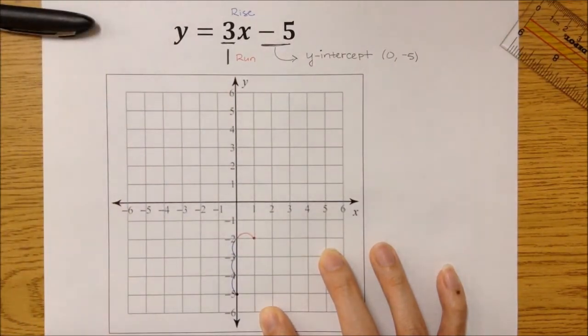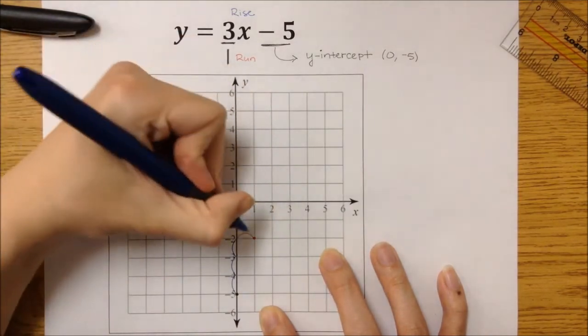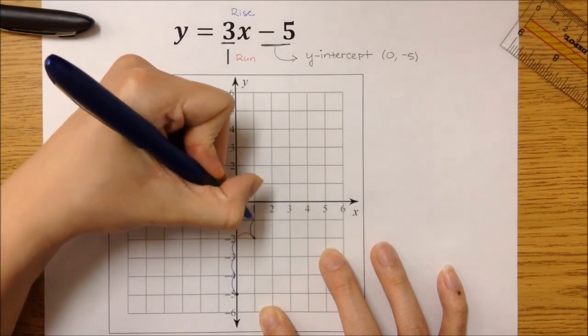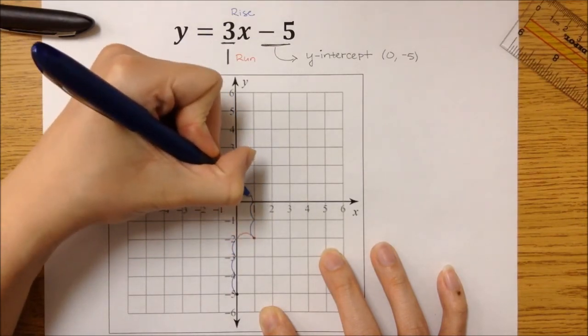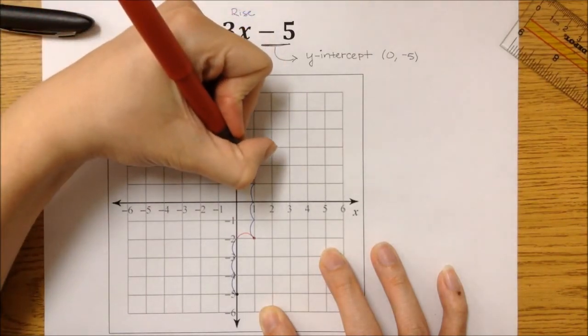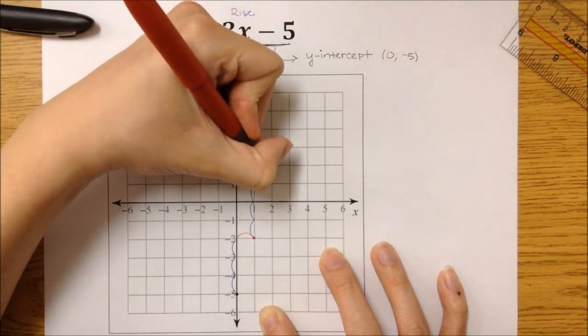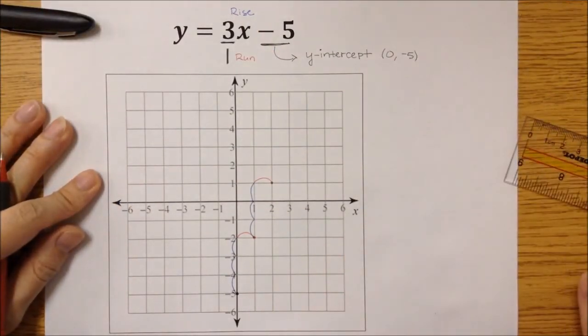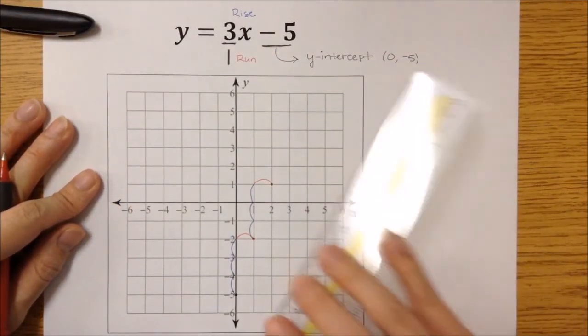But say if I want to find more points, I continue the same process. From the second point, I'm going to go up 3 times, 1, 2, 3, and then to the right once, and here's our third point. When I graph these 3 points, they should all line up together.